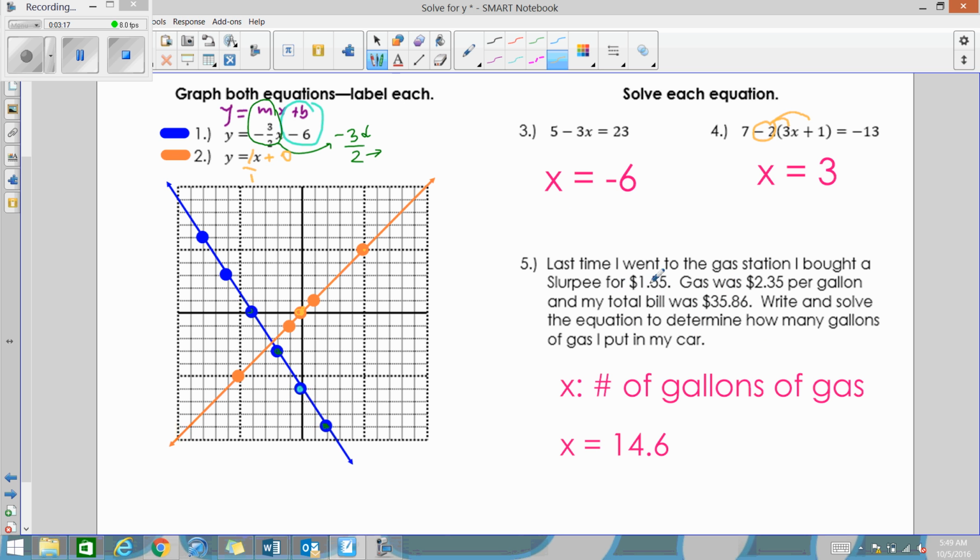So you bought a Slurpee for $1.55. Gas was $2.35 a gallon, and your total bill was $35.86. Write and solve the equation to determine how many gallons of gas you put in your car. So x is the number of gallons.